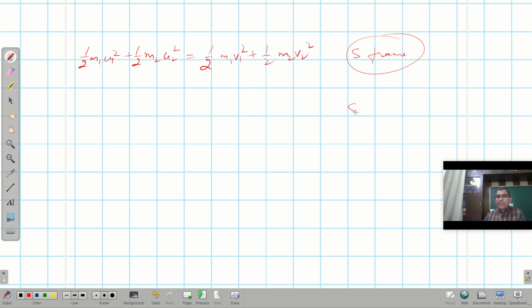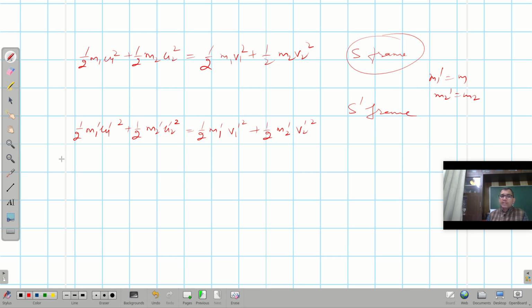Similarly, in the S prime frame, what will happen? In the S prime frame, it is half m1 u1 prime square plus half m2 u2 prime square, which is equal to half m1 prime v1 prime square plus half m2 prime v2 prime square. As mass is an invariant quantity, m1 prime is equal to m1 and m2 prime is equal to m2.